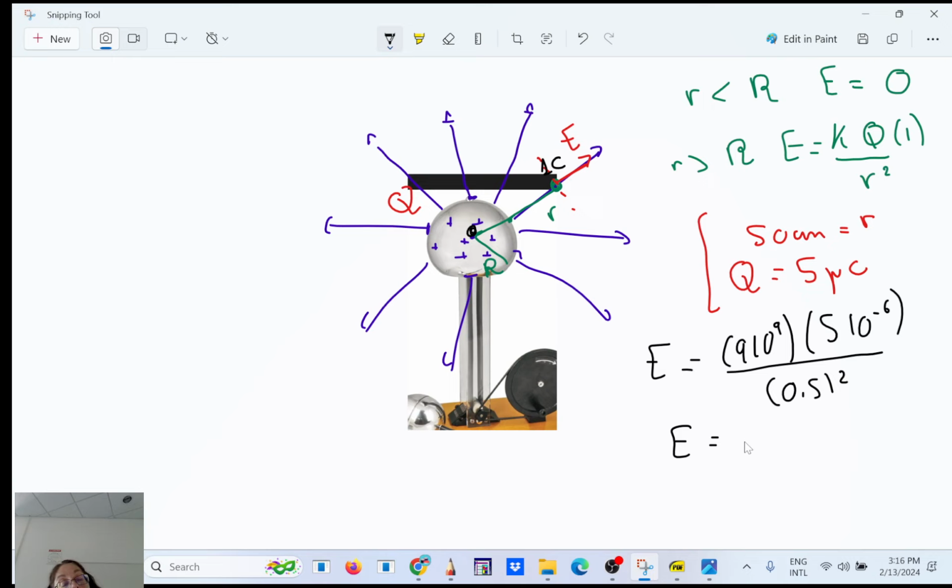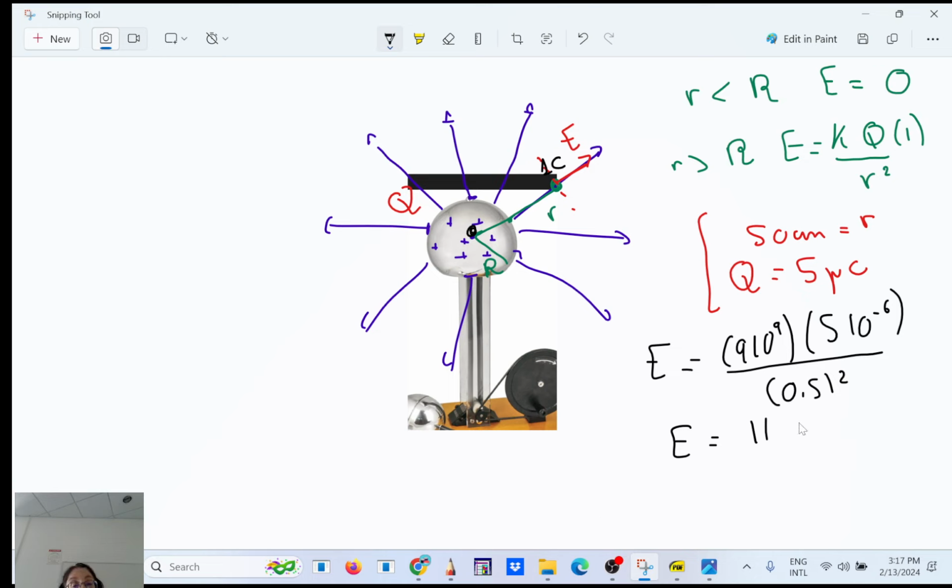I see people staring. Why don't you take a calculator and do it? So you are saving time, so you don't have to do it at home. So what do you get? 11? No? Maybe you put it wrong, but I got a bunch of zeros, but 1.8. So 1 times 10 to the 4? No?